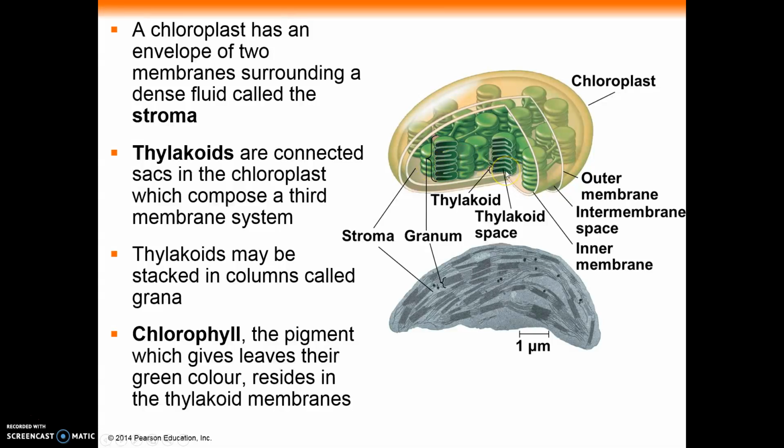So the thylakoid space is all ultimately connected throughout here, and it is separated from the outside via the stroma space. So there are several compartments in here. This is the one we are most concerned with because in the thylakoids is where we find chlorophyll.